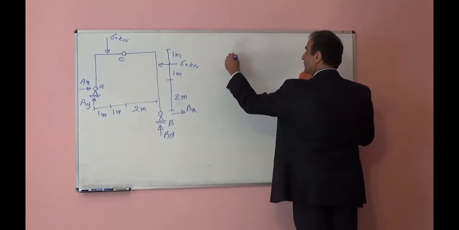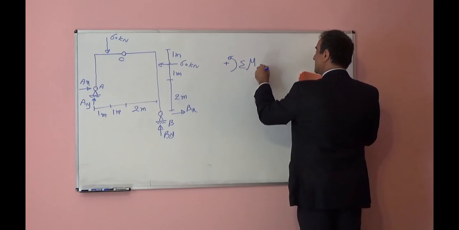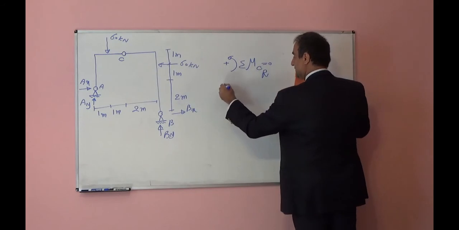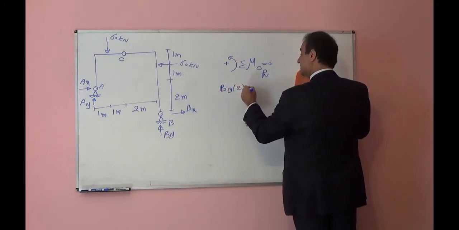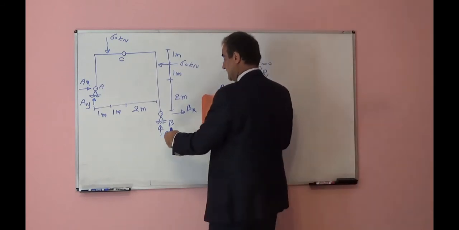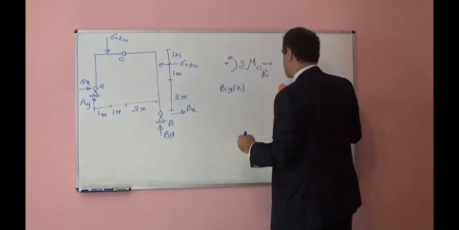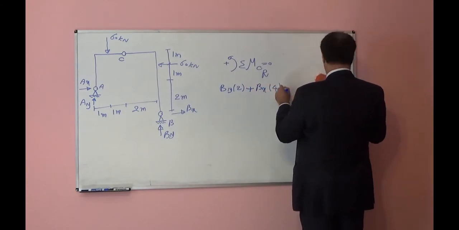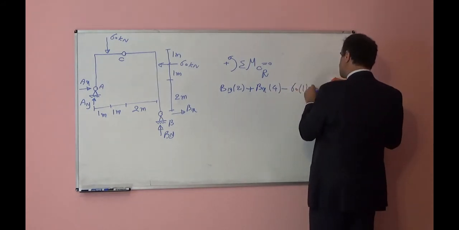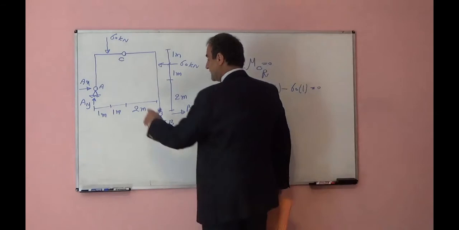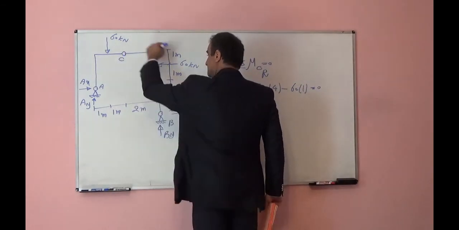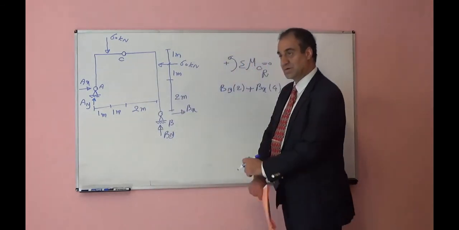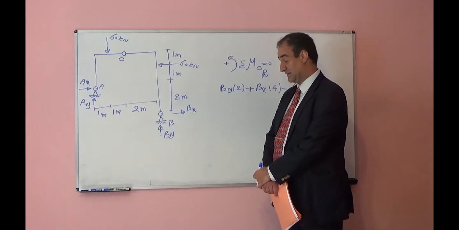So summation of moment for the right side with respect to C is equal to 0. That will be By times 2 plus Bx times 4 minus 60 times 1 is equal to 0. By times 2 wants to rotate the right side counterclockwise, positive.